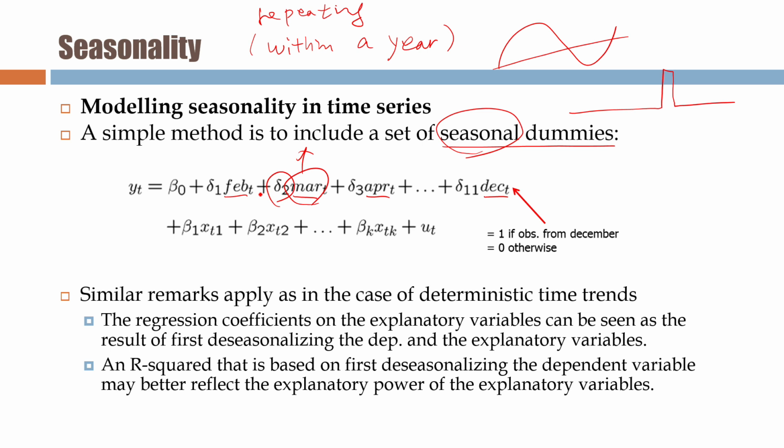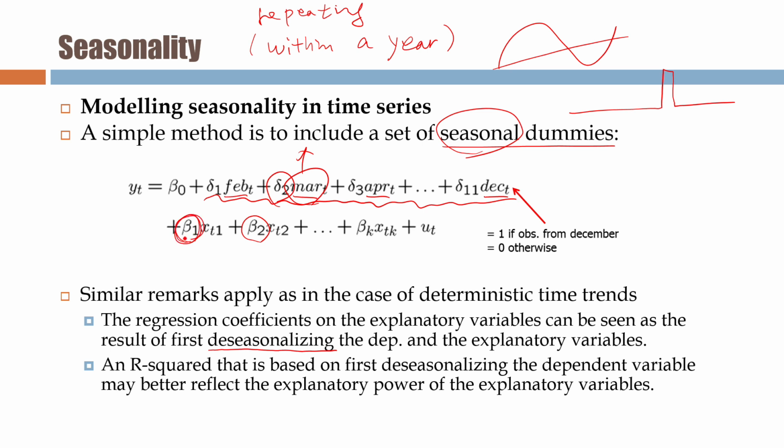So the regression coefficient on the explanatory variable can be seen as the result of first detrending the dependent and explanatory variables. Deseasonalizing also can be done. Here, this alpha 1 or beta 1 or beta 2 is the coefficient if we take out the seasonal effect, right? This is a deseasonalized dependent and explanatory variable.